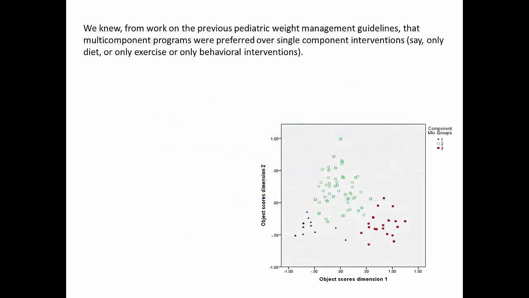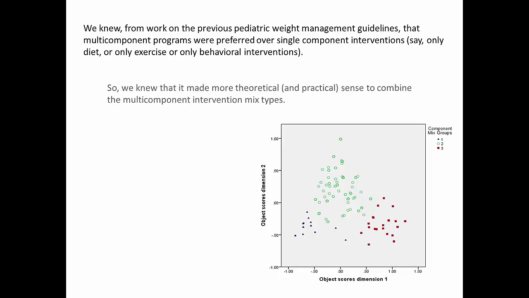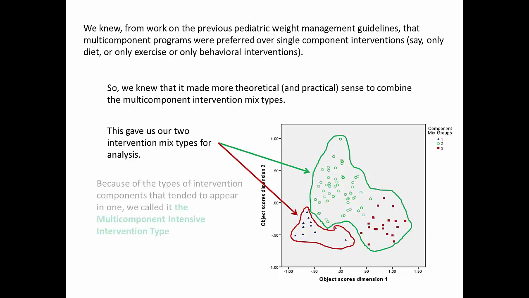We knew from the work on the previous pediatric weight management guidelines that multi-component programs were preferred over single component programs. That is to say, a single component program, or intervention, that would include only diet or only exercise or only behavioral interventions. So we knew that it made more theoretical and practical sense to combine the multi-component intervention mix types. This gave us 2 intervention mix types for our analysis.